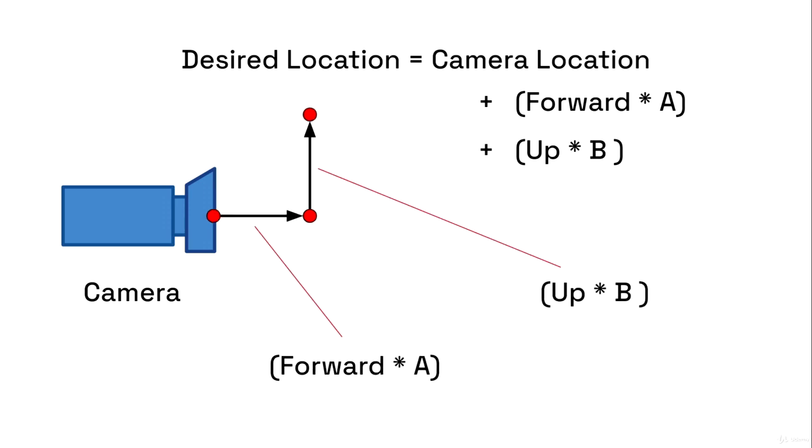So these are forward times A and up times B. And by taking our camera location and adding these two vectors, then we end up with a location vector at the desired location. So this is the formula we're going to use for our function on the character class that will return our desired location. So let's make that function.